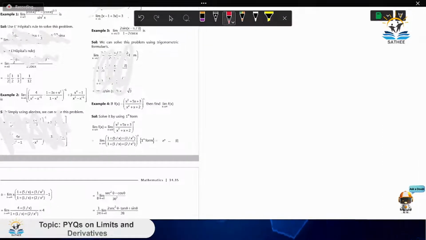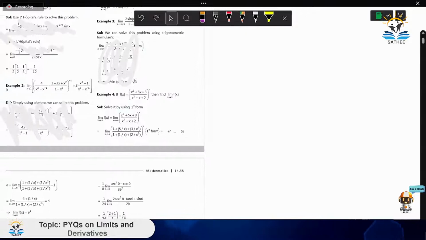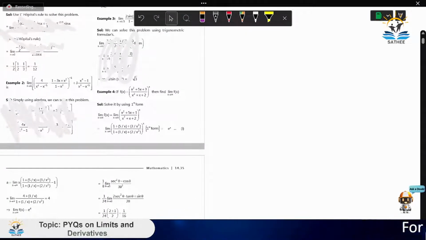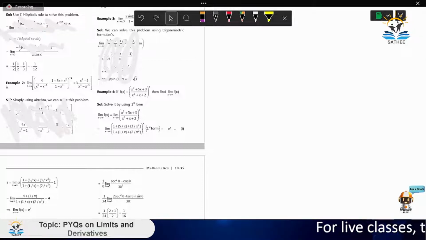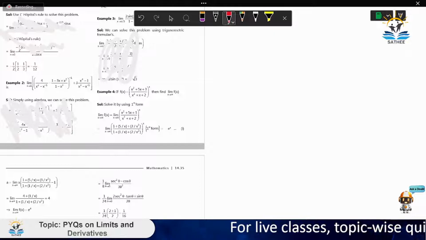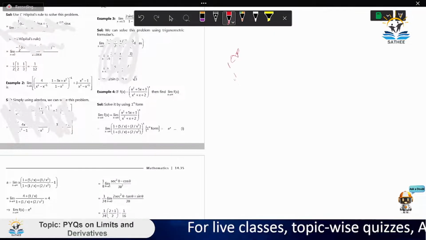Now going to the next question. We have if f of x is equal to this, now we have to calculate this. Okay, so we know this kind of question is done with the 1 to the power infinity form.